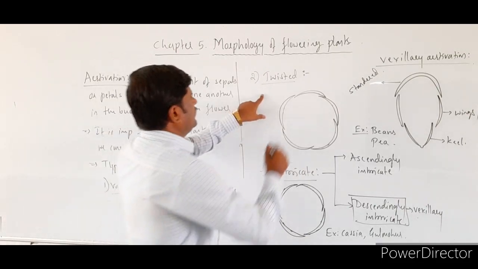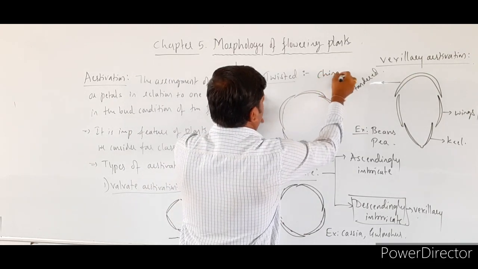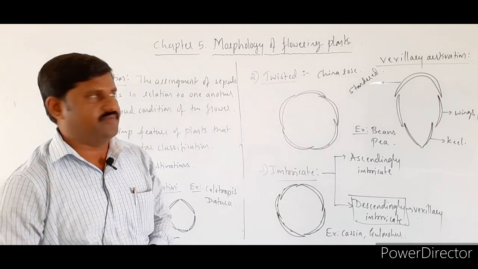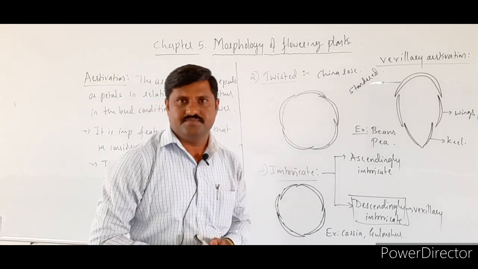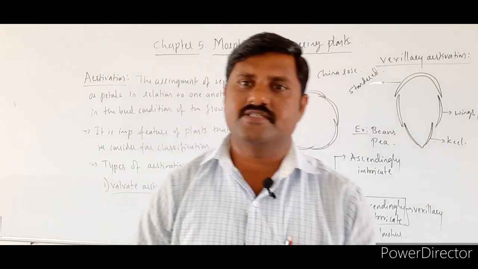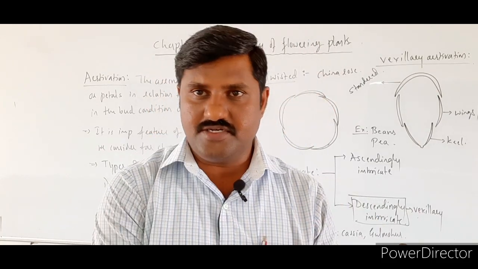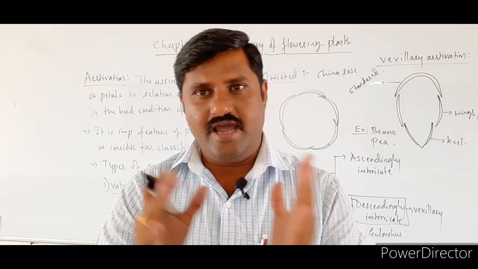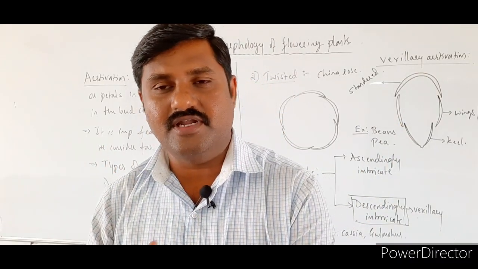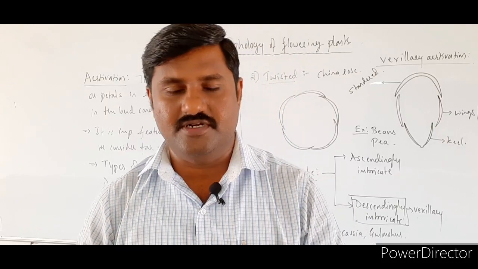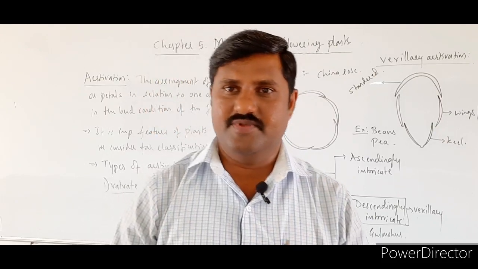That is China rose. China rose is the best example for twisted estivation. Many such examples are given in NCERT, so focus on them, right? Estivations on one side and their respective examples on the other side, a match the following type of question may be asked in the examination, right?